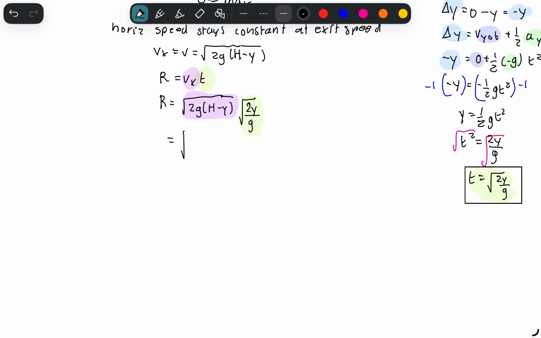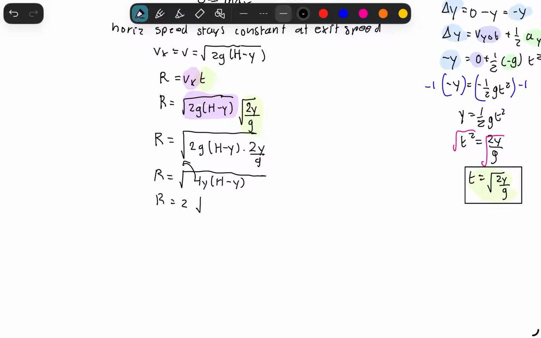You can combine this under one radical. You can cancel out the g. You can take 4 out. So this is your answer for part C.